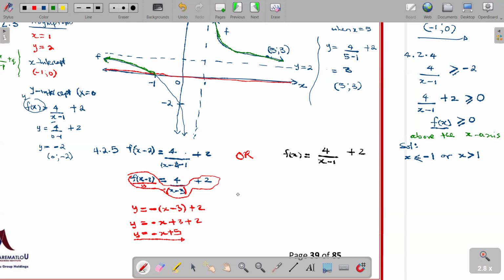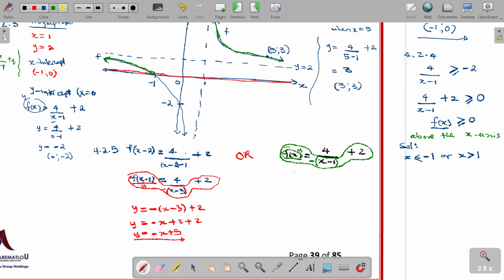So to get the equation of the axis of symmetry here, it means we're going to read it this way. But to get the one having negative gradient, we're going to put a negative there. So it means this part here, we are now going to take it as our y.